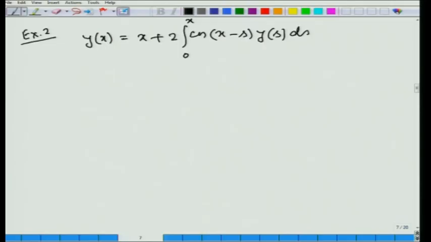ds. Now, I have already mentioned that the Laplace transform of x is 1 by alpha square, and here I can mention the Laplace transform of cosine x is equal to alpha by 1 plus alpha square. This is the Laplace transform of cosine x. This is needed because here the integral 0 to x of cosine(x minus s) y(s) ds is again a convolution of two functions, that is cosine x and y(x).